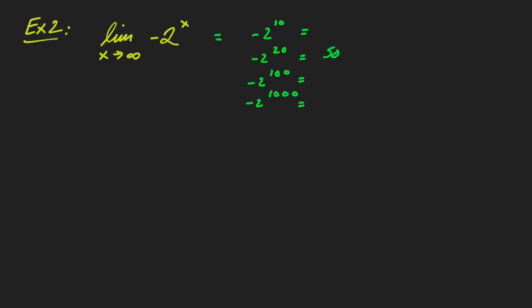Some larger negative value. So as x is increasing, your 2 is just going to multiply itself over and over, creating a large value, but it's still always going to be negative.